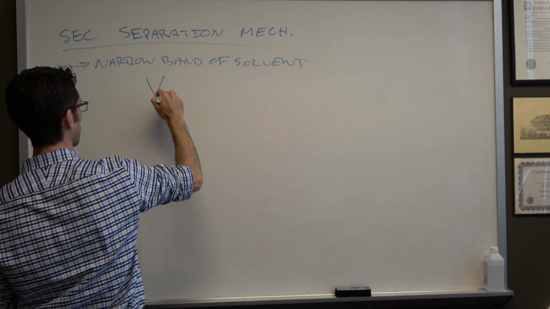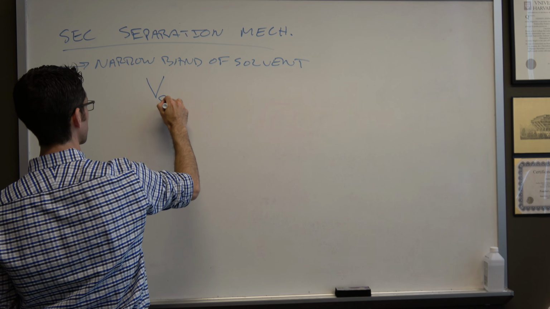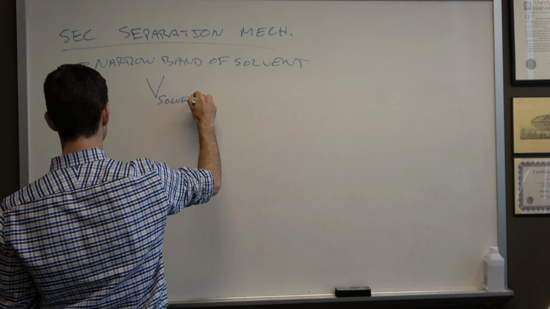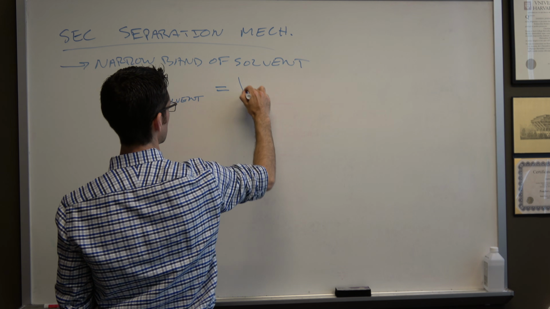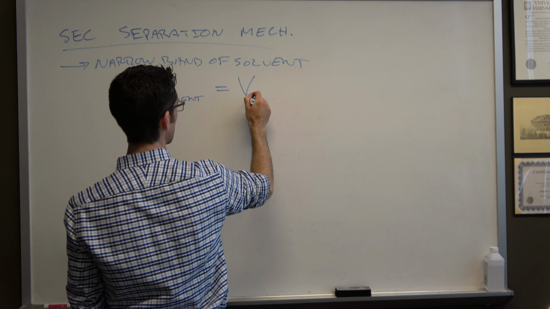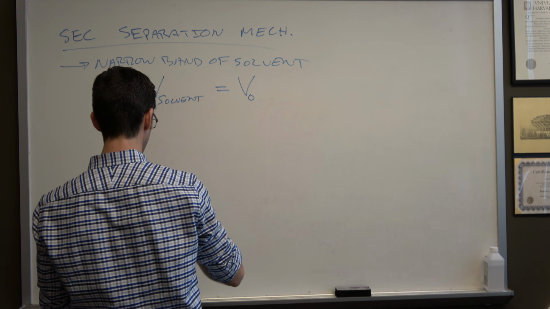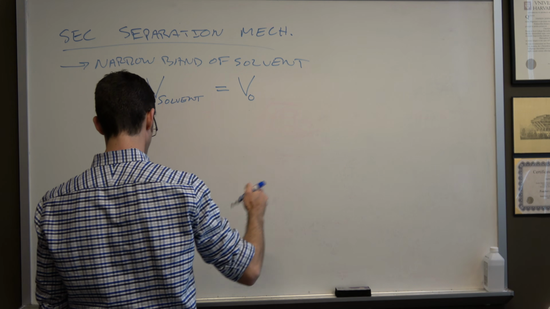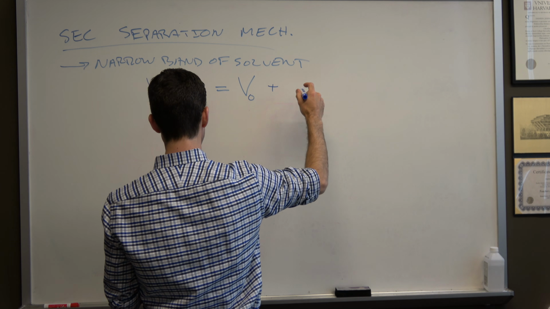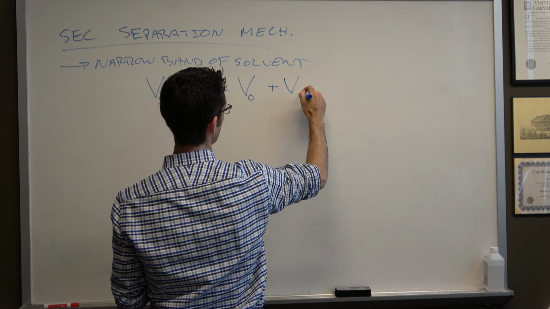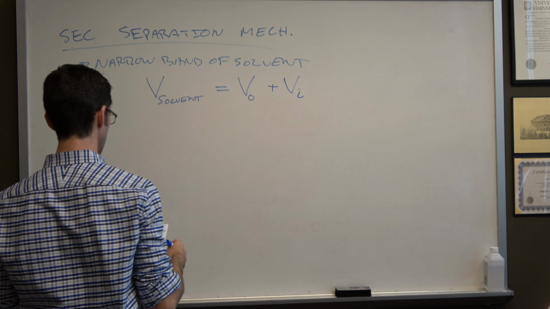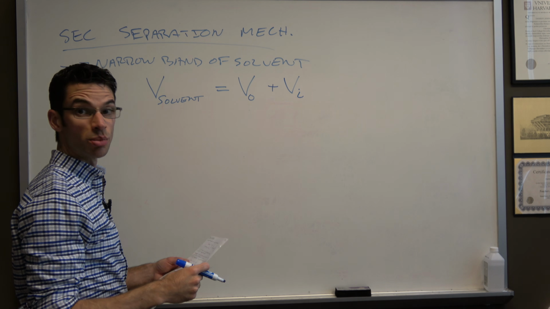So we have the total volume of the solvent equals some V naught, which is the void volume, plus the interior volume inside the pores.